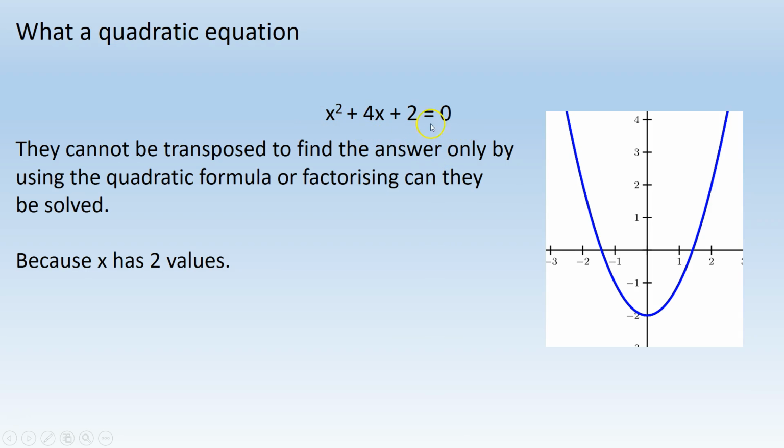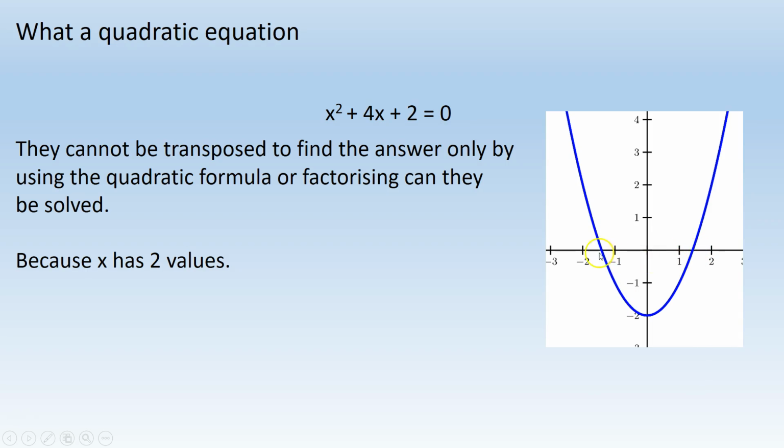You can't transpose these or use any other method. You've got to use either the quadratic formula or you factorize to solve them. And the reason behind this is because x has two values. If you look at this graph here, you get a parabola, a parabolic curve, on your graph, and x has two values.